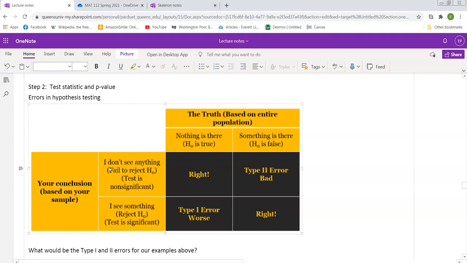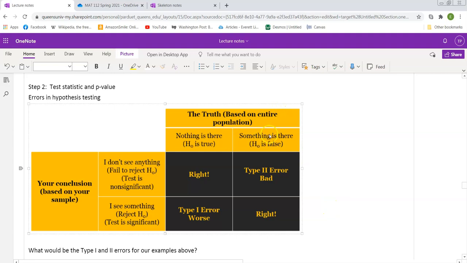It's similar to if you get a test for COVID, for example. You could either have it or not, and that's based on the truth. And the test could either find it or not. And sometimes there are errors. You hope it's right. With the COVID tests, they are right most of the time.